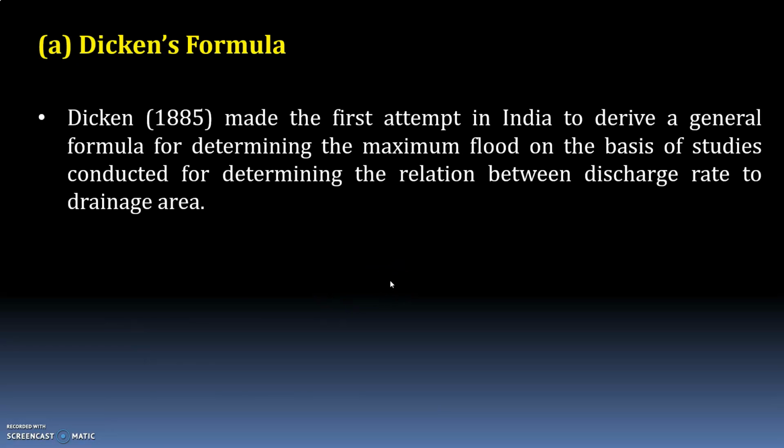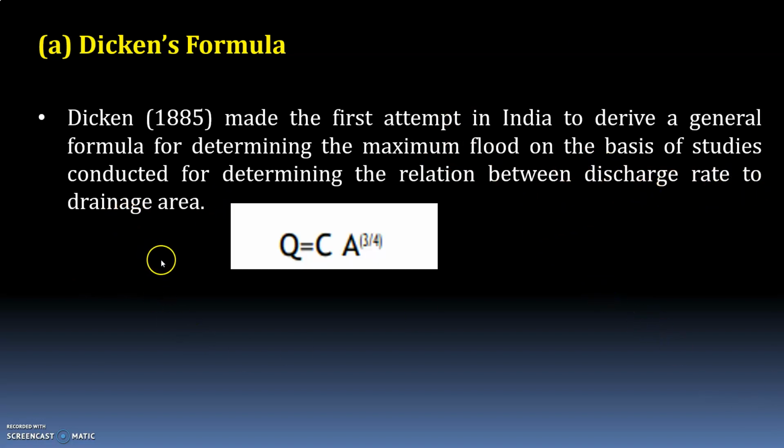First one, the Dickens formula. In 1885, Dickens made the first attempt in India to derive a general formula for determining the maximum flood on the basis of studies conducted to determine the relation between discharge rate and drainage area.